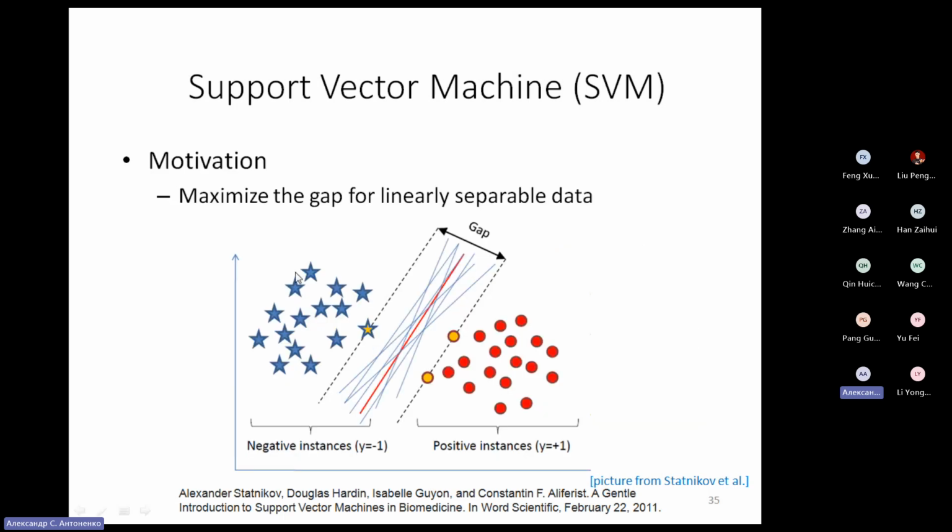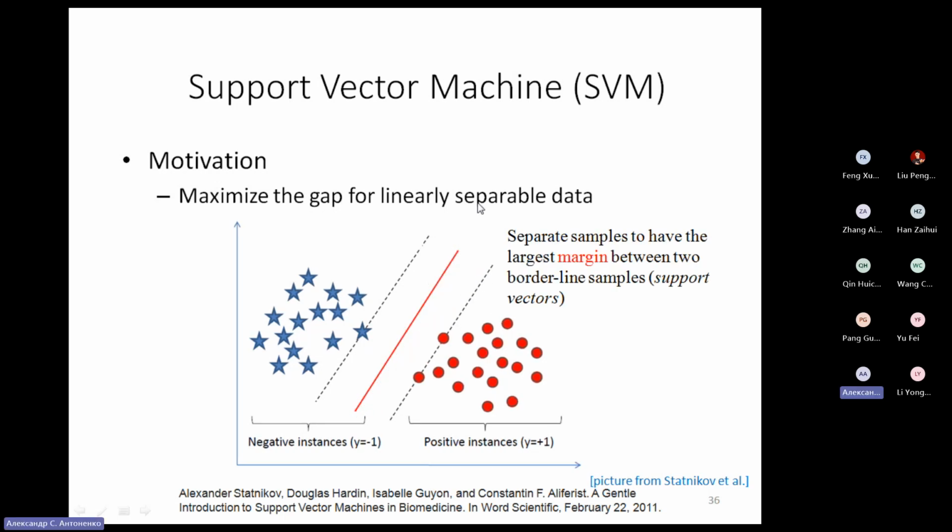How to find it? For example, if we have some negative instances and positive instances, we of course can use any of these lines, and it seems normal. But what line should we choose? We should maximize the gap for linearly separated data. So we should choose this line. So our gap, the distance, if we move this line to the left or to the right, should be maximal.